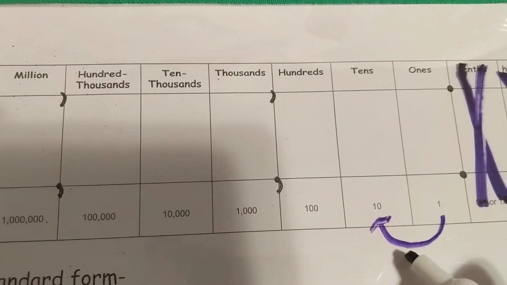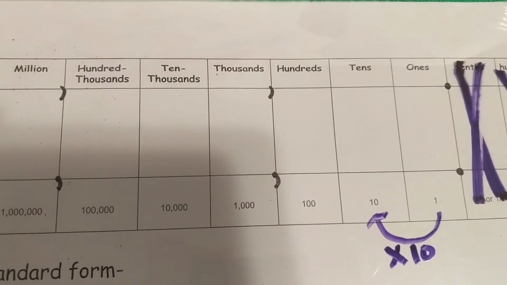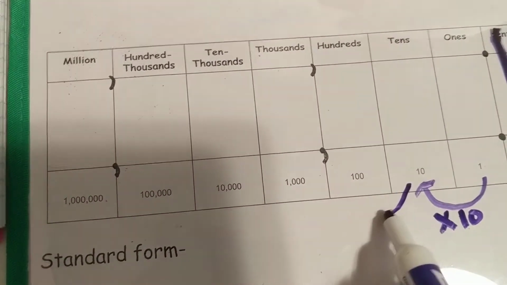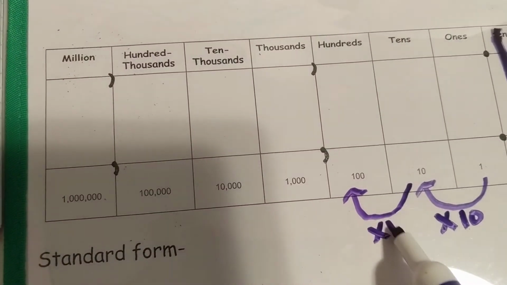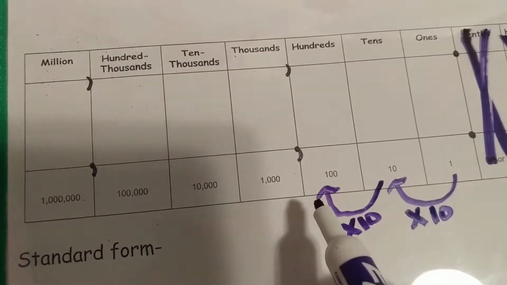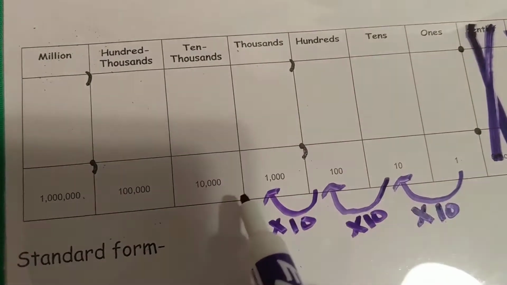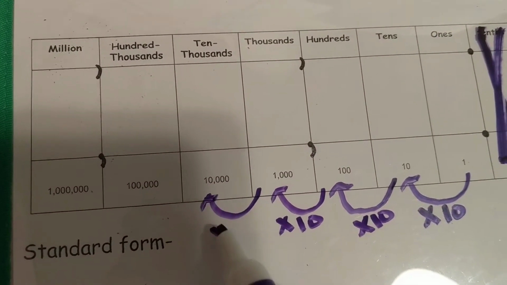So when we shifted over, we were multiplying times 10. And then when we did 10 tens, we figured out that made a 100. So our pattern continues. And it takes 10 hundreds to make 1,000, and 10 thousands to make 10,000.